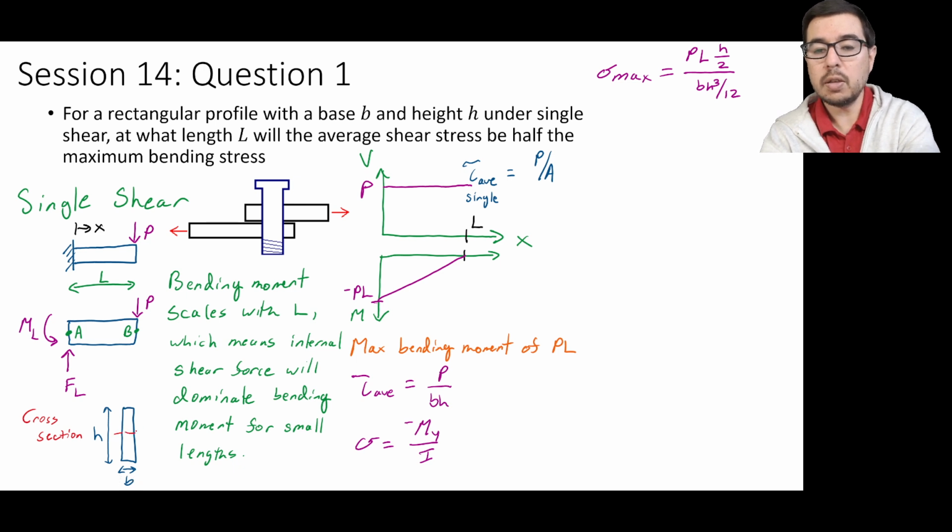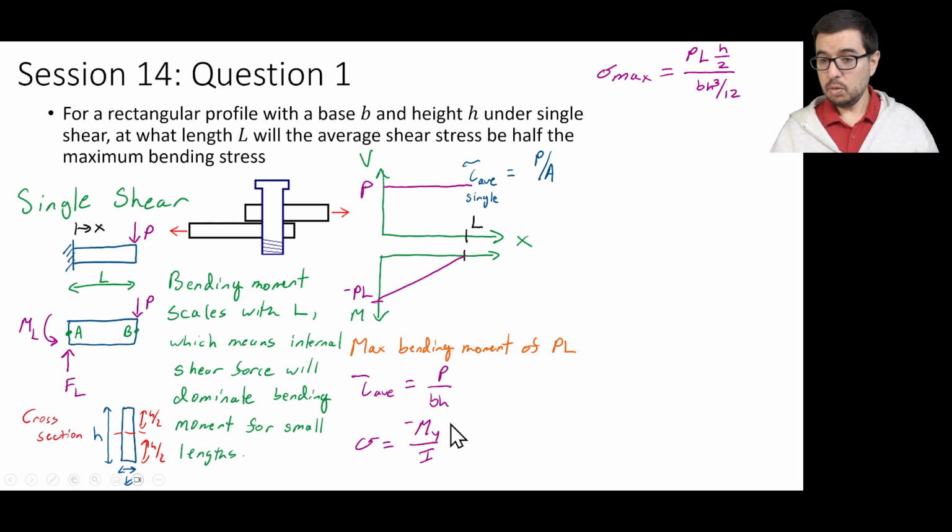So you have a neutral axis across, and then we're looking at h over 2 or minus h over 2. For now, we pick y equals h over 2, and with the minus sign, minus the PL, this will give us PL h over 2. And that means that this top portion right here near the wall is under tension. The I, the second moment of area, is going to be bh cubed over 12, and that's what you see in the denominator.